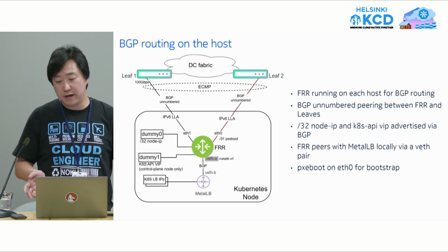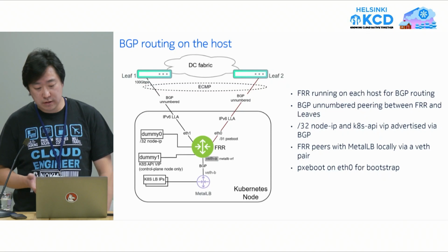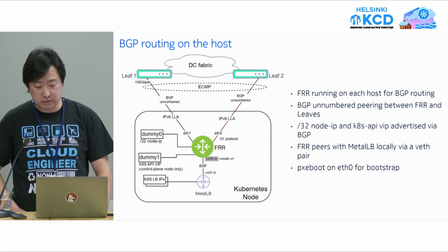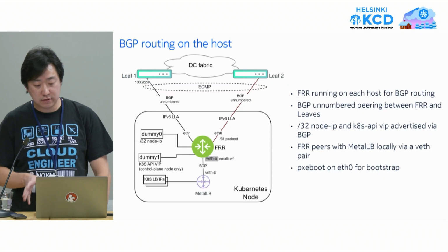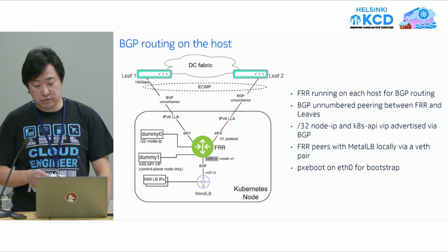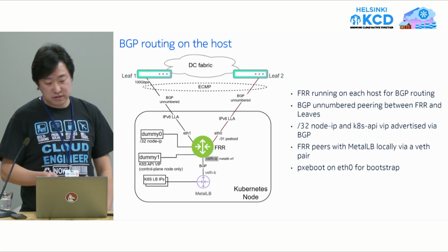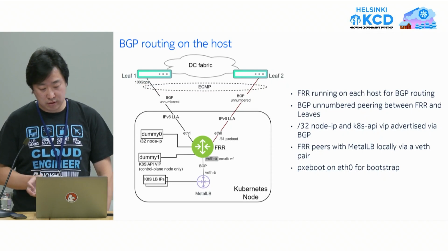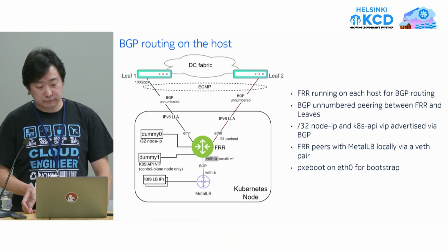That simplifies the configuration and also saves the IPv4 address. And every node has a allocated /32 node IP, which is advertised by the FRR to the fabric. On control plane node, there's another /32 IP running on another dummy interface, advertised through the FRR as well.